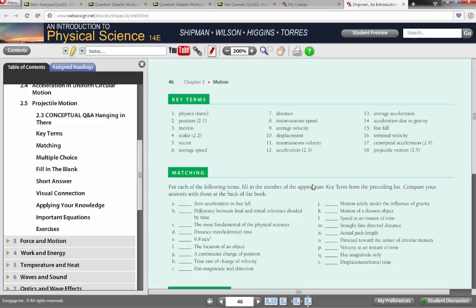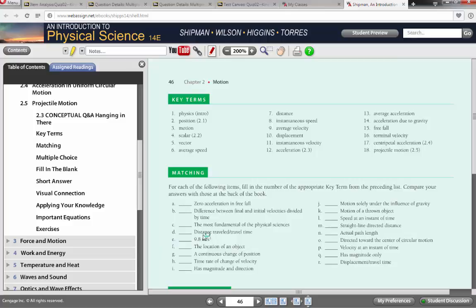Here's free fall. If you look up what the answer is here, you can look through here until you find one. This is the free fall acceleration, but free fall means motion solely under the influence of gravity.